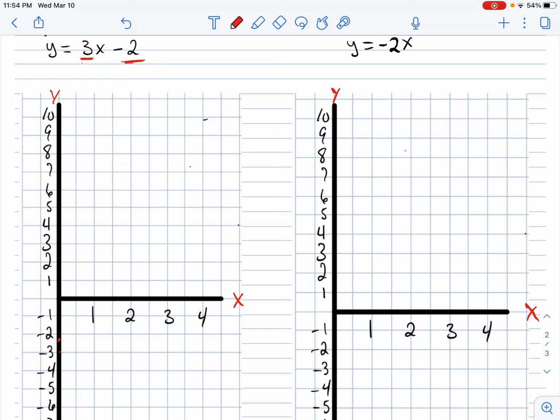The other option is to just fill out your table and graph your points. So when x equals 1, you get 3 times 1 minus 2. So that's going to give us 1.